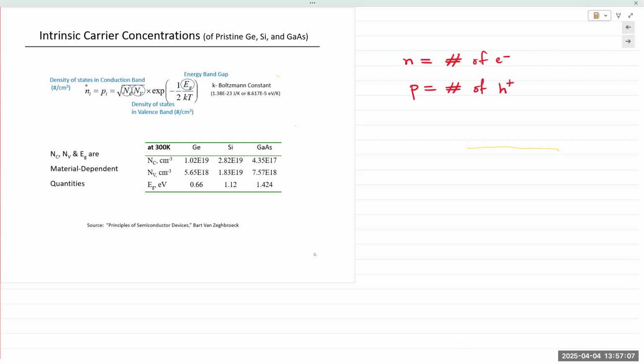My best guess is N refers to negative and P refers to positive. That's the only thing that makes sense. So N and P basically refer to the number of electrons and the number of holes.